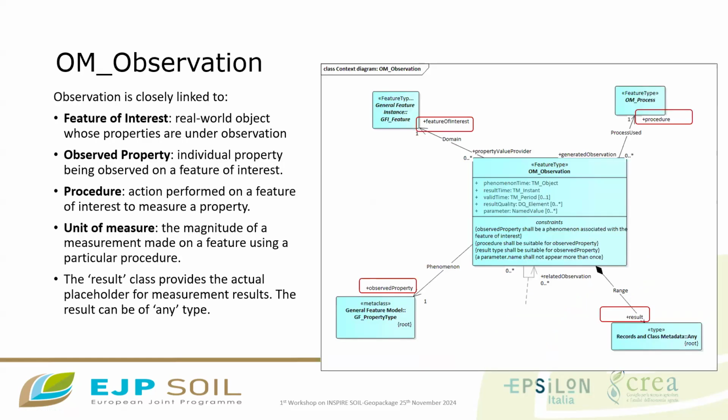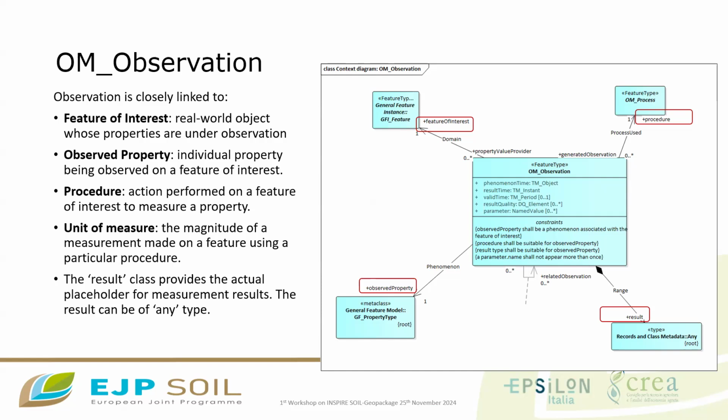We will focus on the class that is OM observation. This is because this class is used by INSPIRE to provide observations related to the spatial objects we have seen before, that is the soil site, the soil horizon, soil layer, and so on.